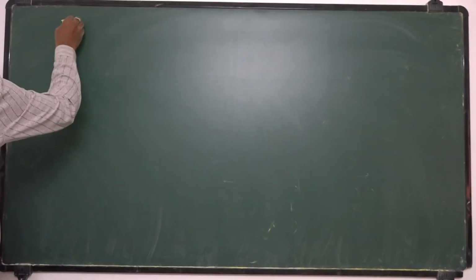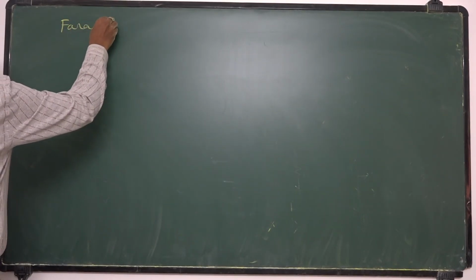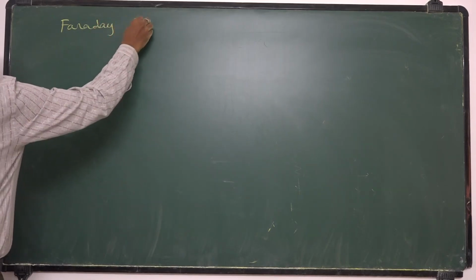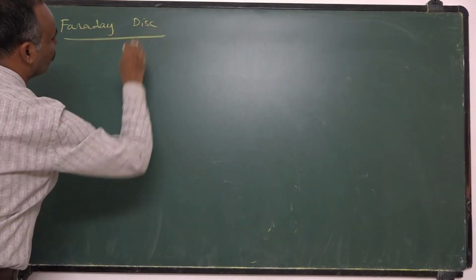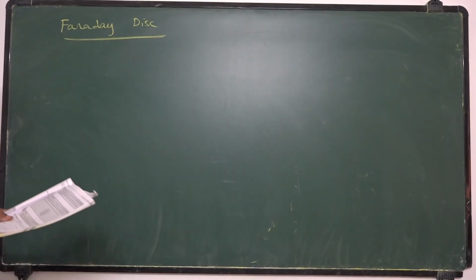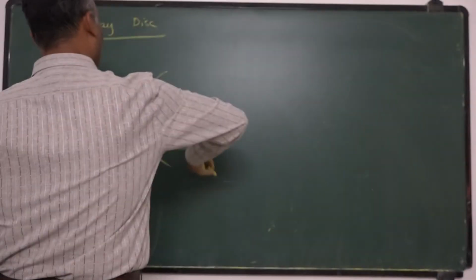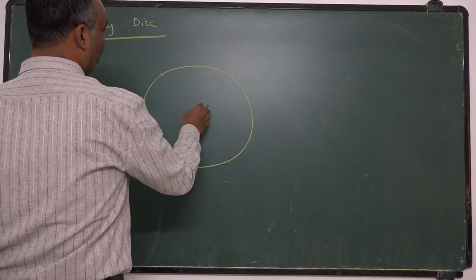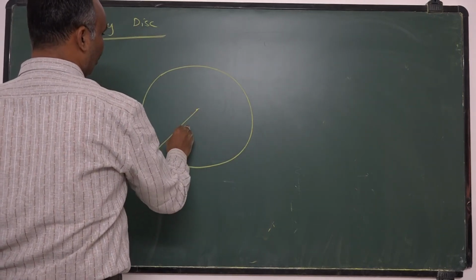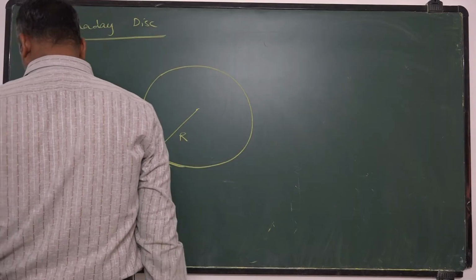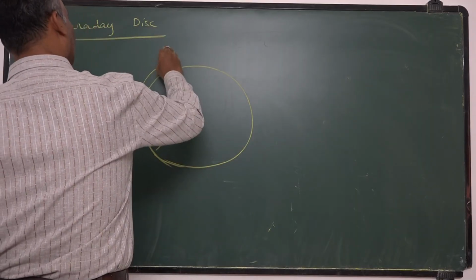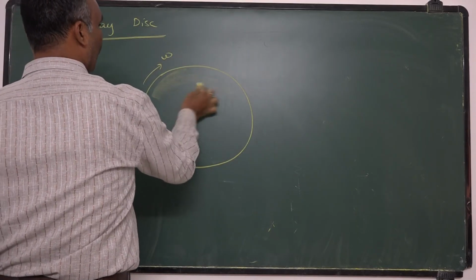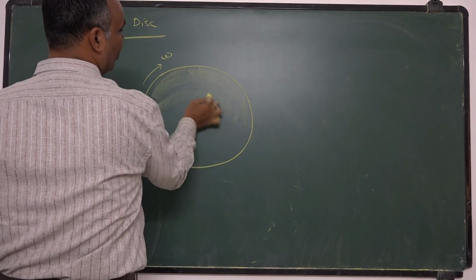Now let us see the Faraday disc. Here is a conducting disc. Conducting means a metallic disc of radius r, like an aluminum disc of radius r, rotating with angular velocity omega, as it is a disc made with conducting material.